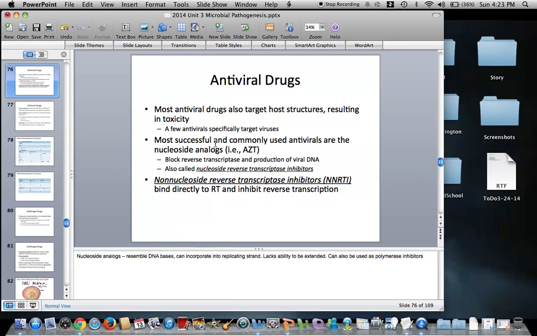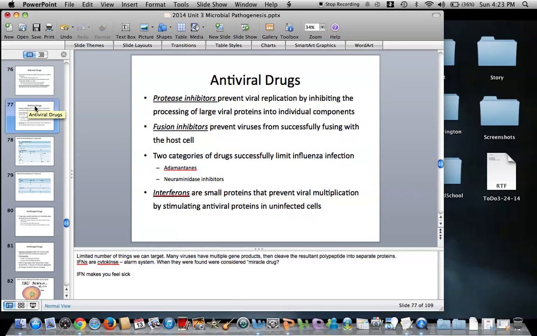So you have nucleoside reverse transcriptase inhibitors and non-nucleoside reverse transcriptase inhibitors. Protease inhibitors stop various proteins. This is some HIV drug; part of the HIV therapy does this.